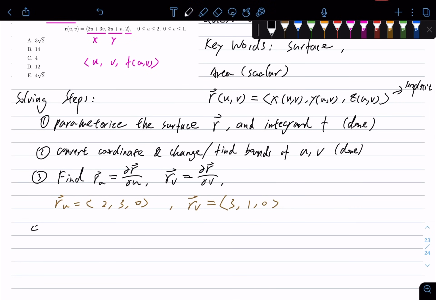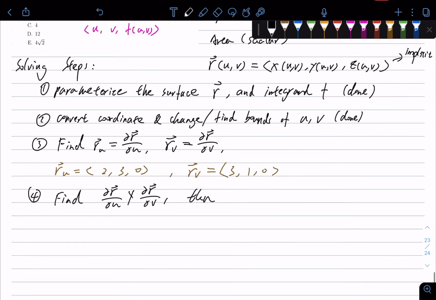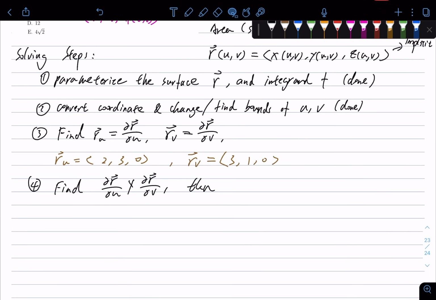Okay, step number 4, we're going to find the cross product of partial r partial u and partial r partial v, and then the magnitude of it. I'm just going to simplify my writing here a little bit.